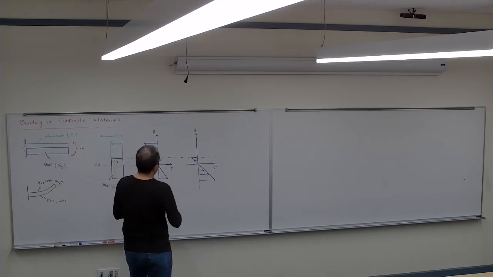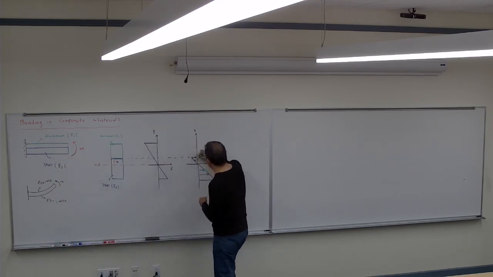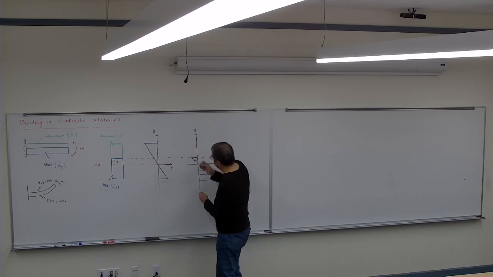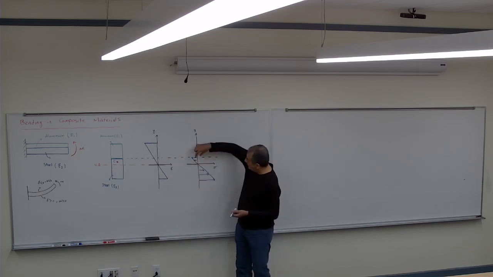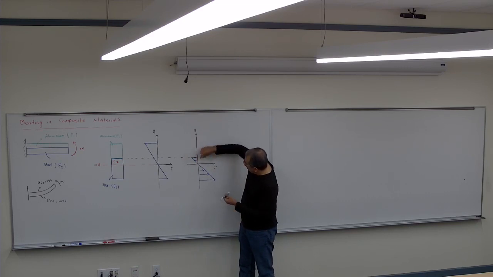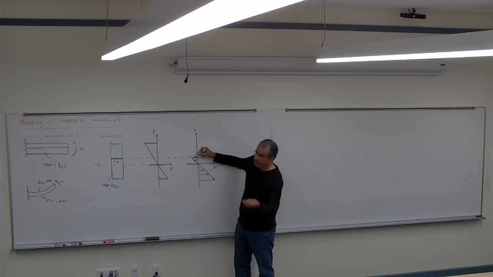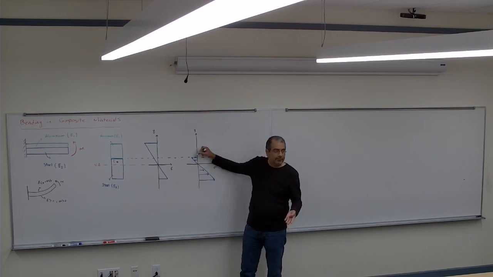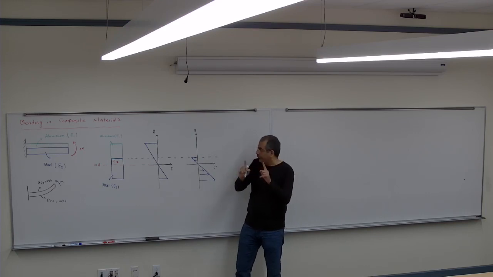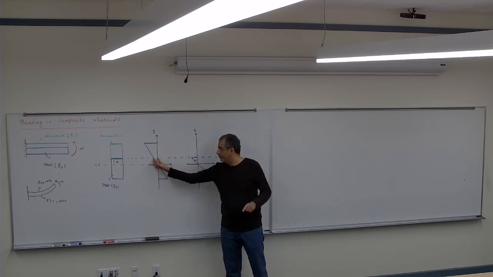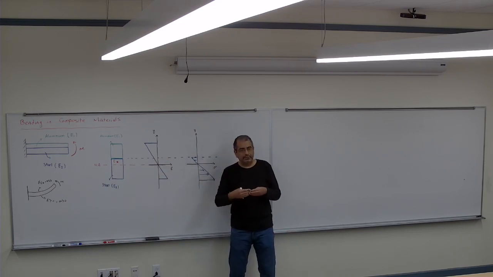For the aluminum, it's going to be a different thing, because it's going to be smaller. At the very same point here, if the steel is that much, the aluminum is going to be, I don't know, half of it, for example, because the aluminum can bear less force. If the deformation is the same, the stress in the steel is going to be much more than in the aluminum.